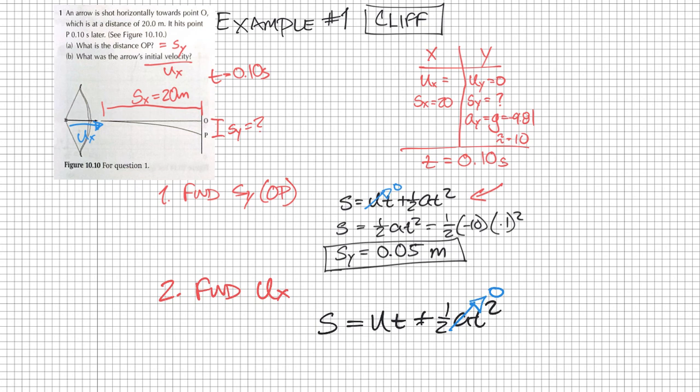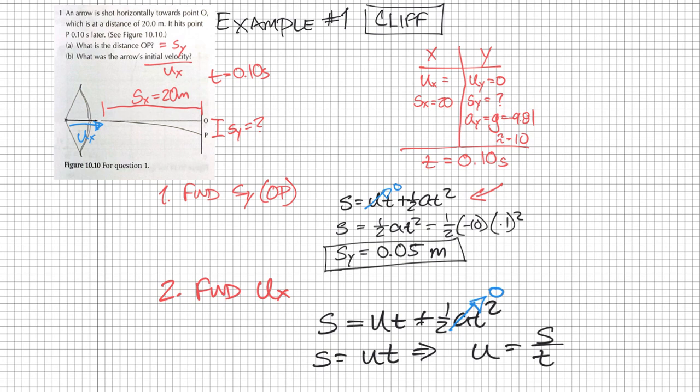So really this equation becomes S equals UT. And I'm solving for then U. So it's going to be U equals S over T, or just this simple idea that, again, speed equals distance divided by time. In the X direction, there is no acceleration, so it's just a constant velocity, which we can use just velocity equals displacement over time, or speed equals distance over time.